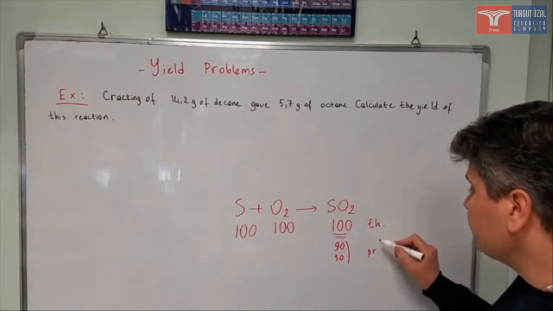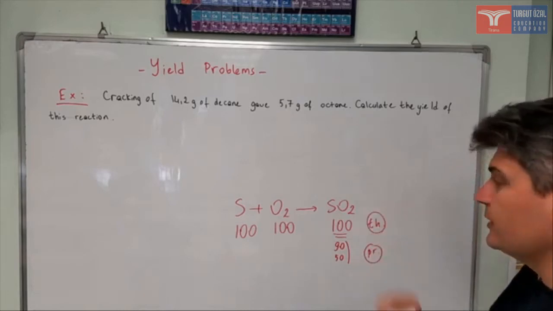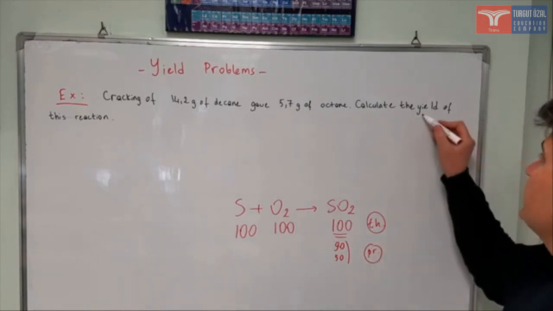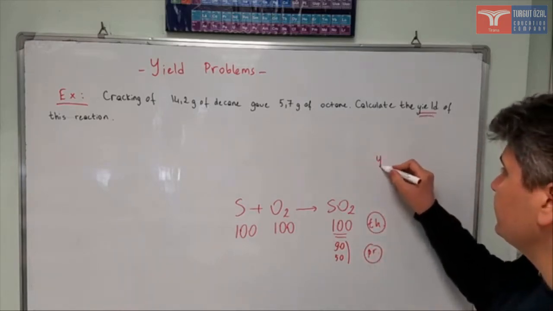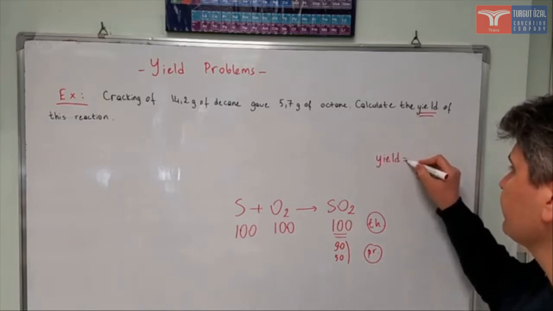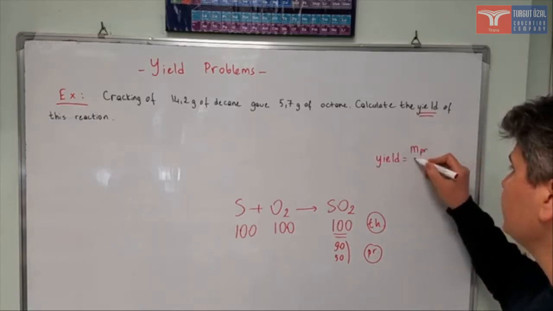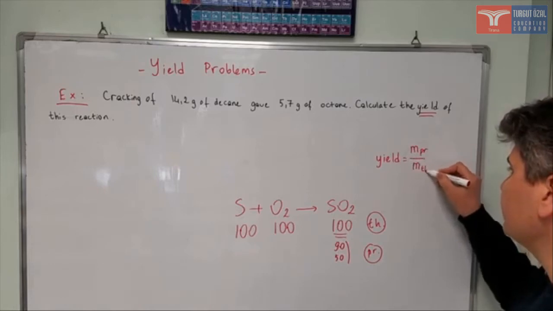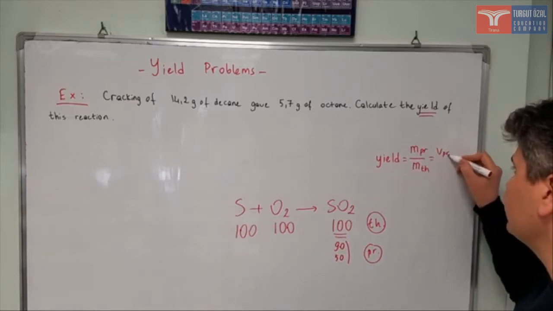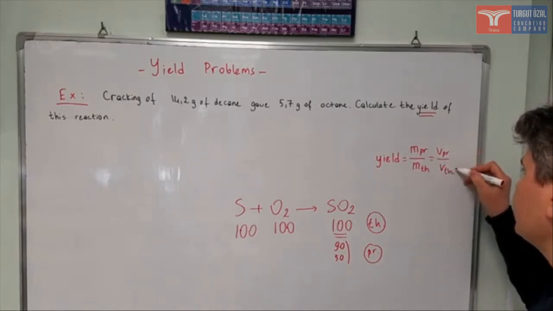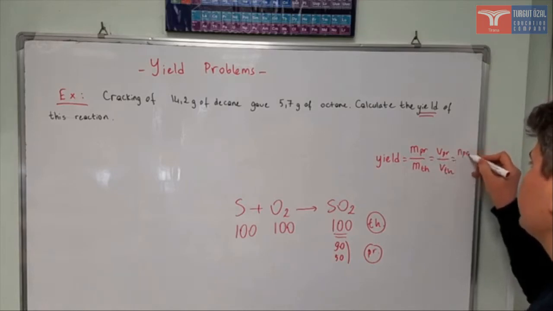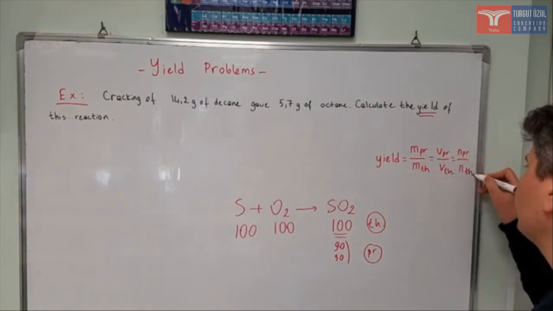And the ratio between this practical quantity and theoretical quantity is called the yield of a reaction. So let's write it here. Yield is equal to mass practical divided by mass theoretical, or volume practical divided by volume theoretical, or mole number practical divided by mole number theoretical.